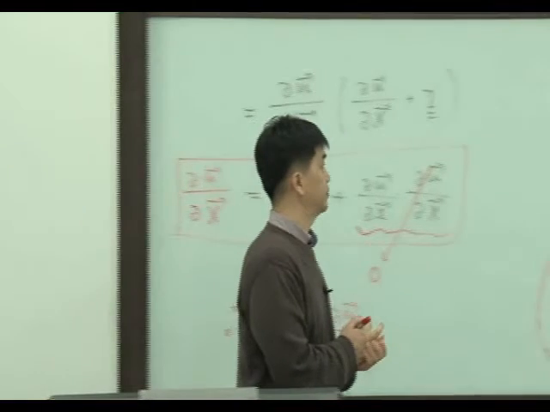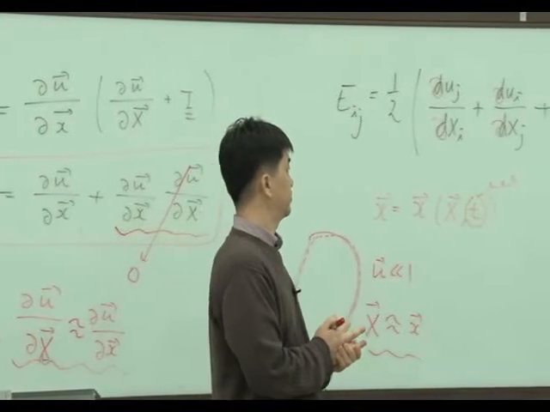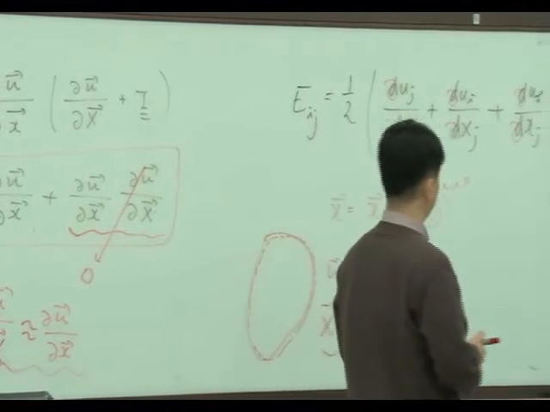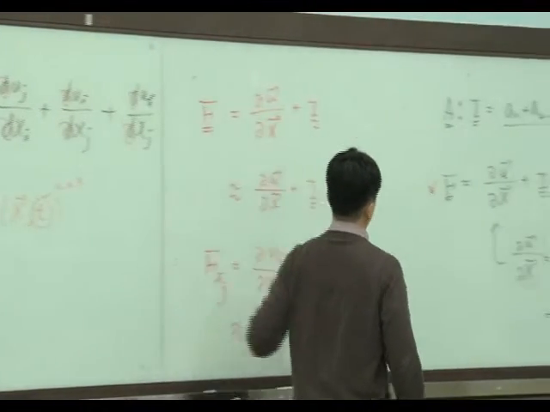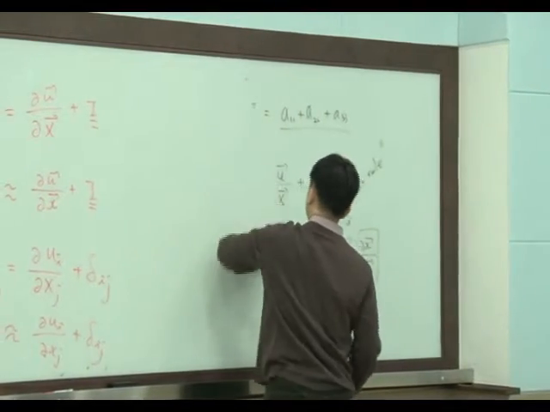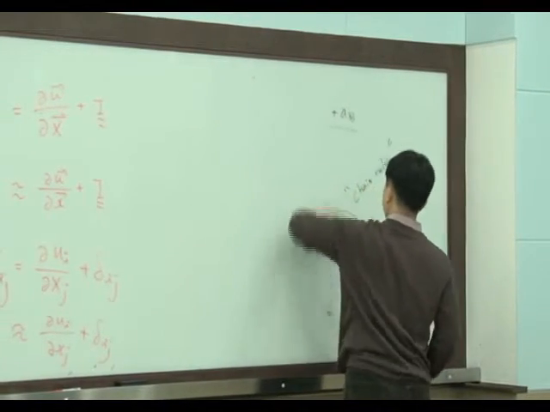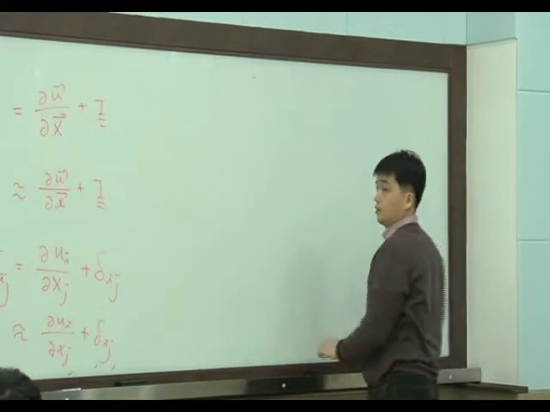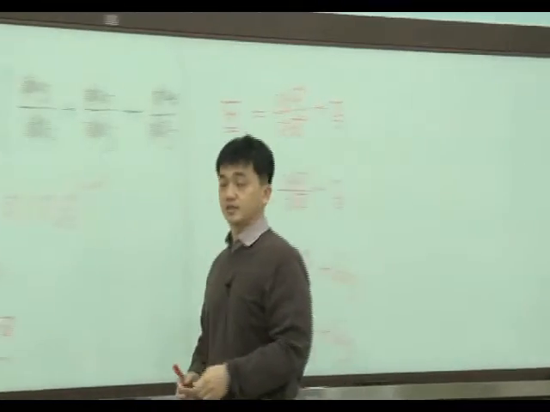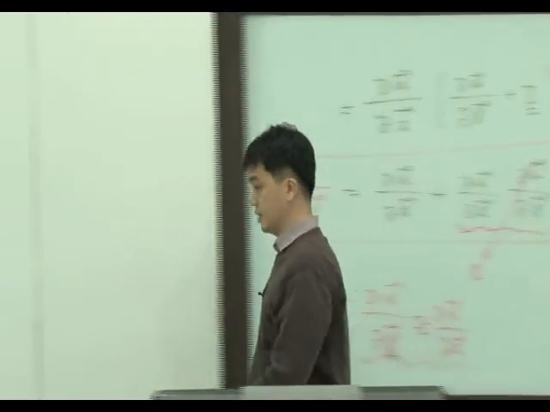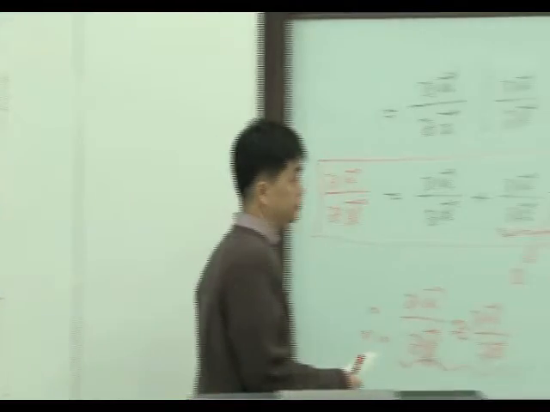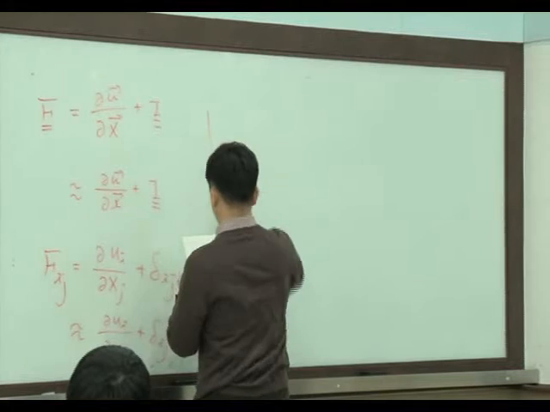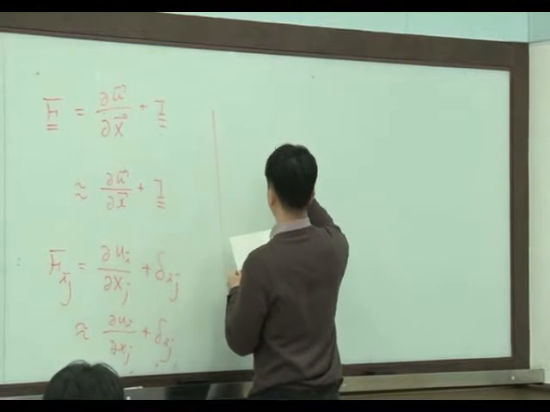Any question? So now we know what happened, what changed in small deformation theory against finite deformation theory. And let's consider volume change.